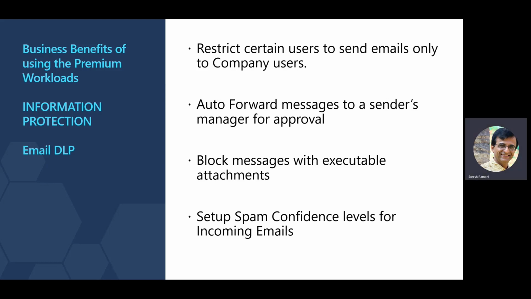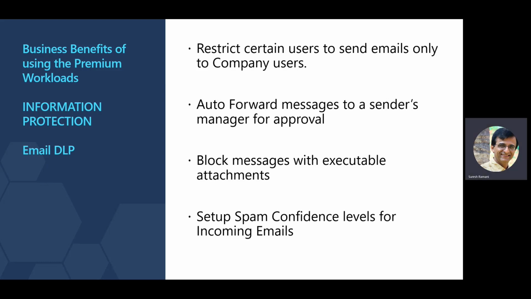Next is block messages with executable attachments. One way in which malware spreads inside the company is when executables or dangerous attachments are sent in email. When they land in the user inbox, the user clicks on the attachment, triggering absolute mayhem.